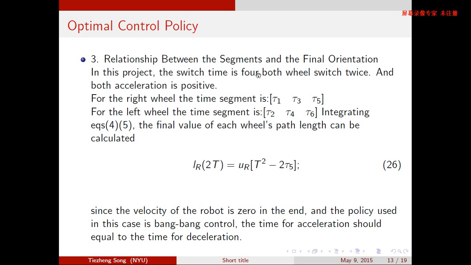So assume tau 1, tau 3, and tau 5 are the time segments for the right wheel, and tau 2, tau 4, tau 6 are the time segments for the left wheel.